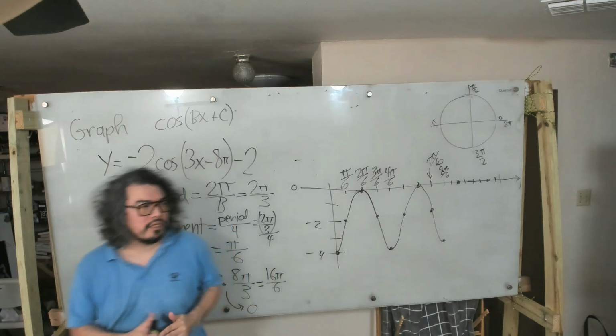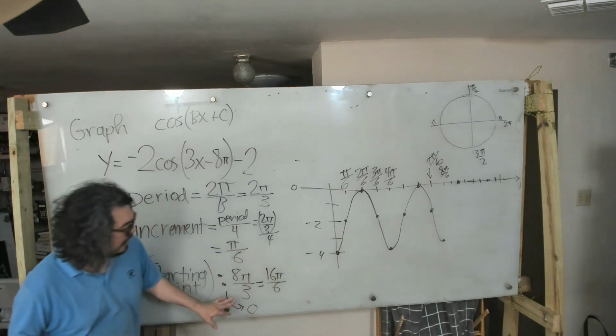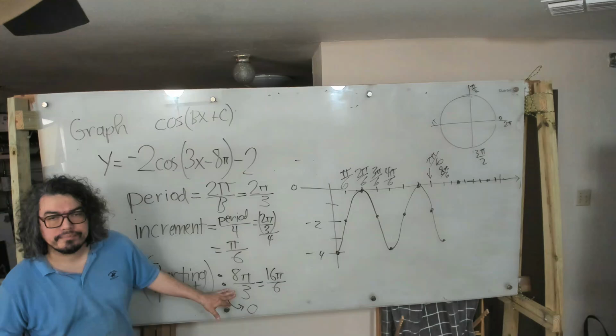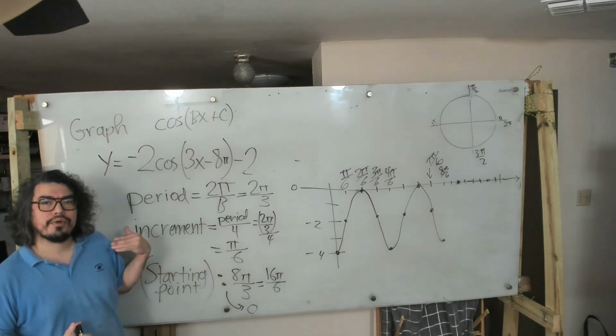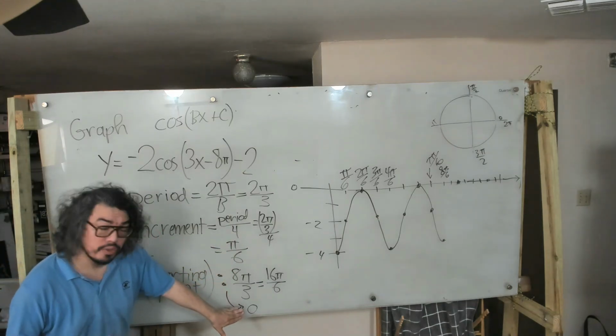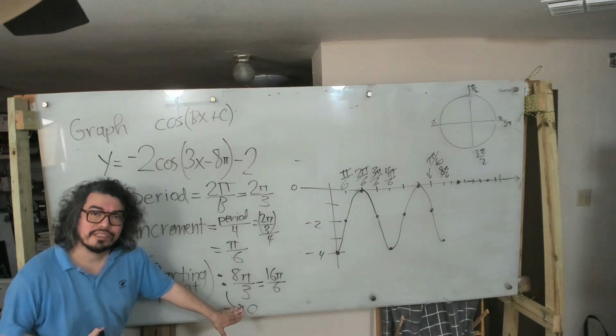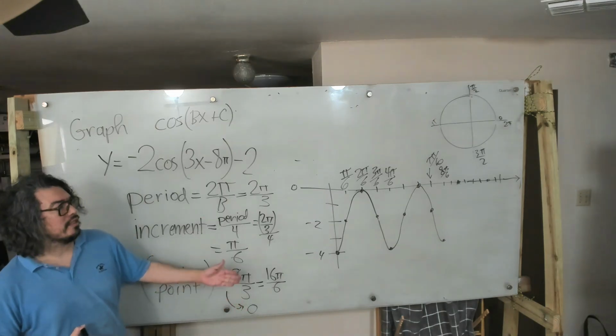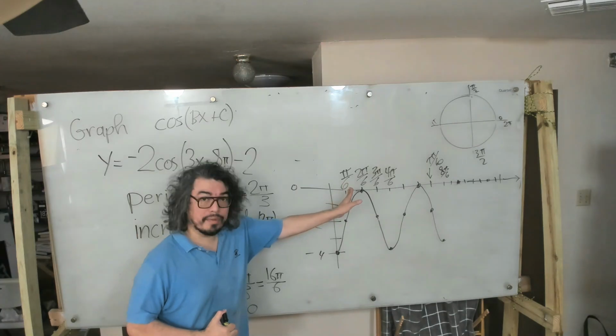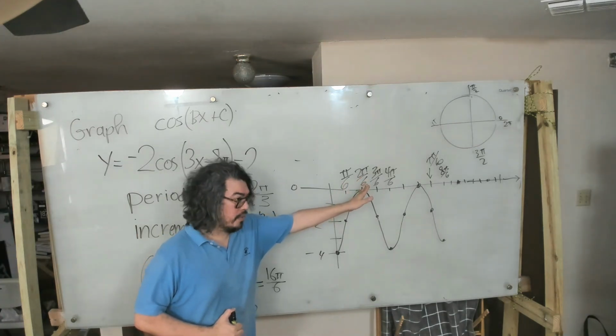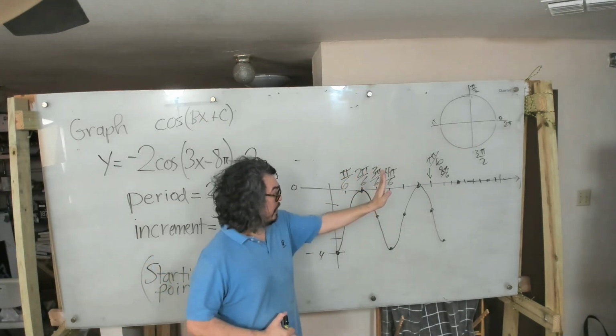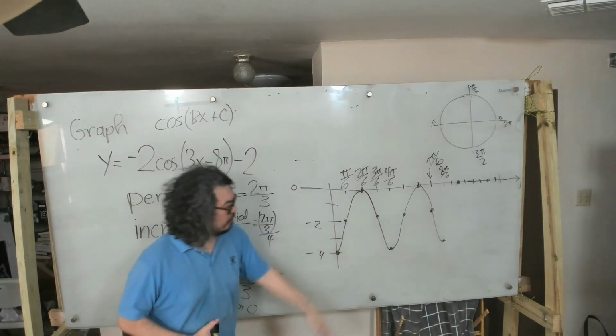In this case, we did that by realizing that if we took 8 pi over 3 and subtracted the period 4 times, we find the beautiful alternate starting point of 0, which of course is very nice. Because then 0, plus the increment pi over 6, plus the increment pi over 6, again plus pi over 6, and then plus pi over 6.